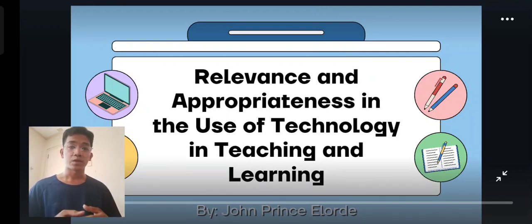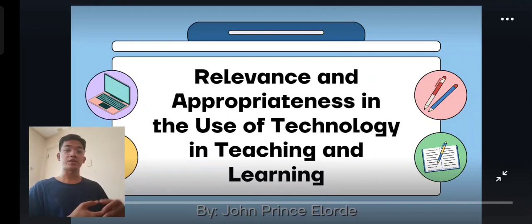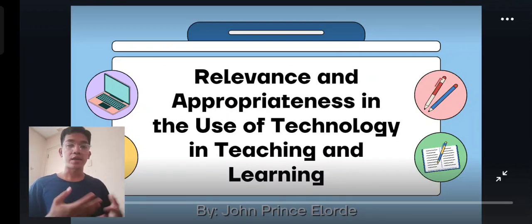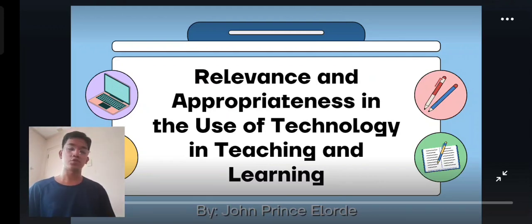Alam talaga natin na yung pamumuhay natin is affected by these modern technologies. As a teacher, as a future educator, we must adapt those kinds of things. We must learn how to use technologies to the fullest in our teaching in order for us to be more effective in front of our students.